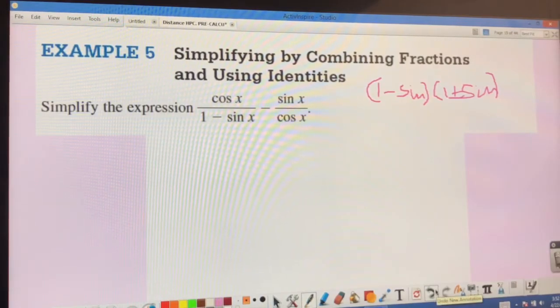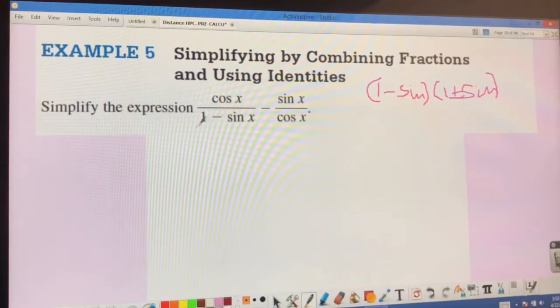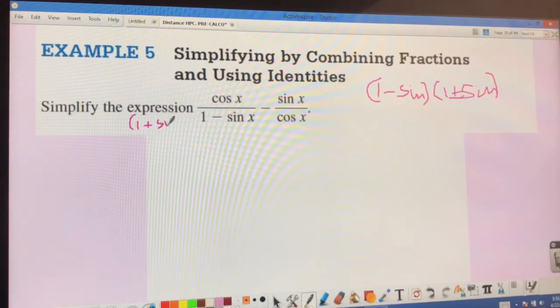So what you got now is, if you multiply this here by 1 plus sine in the bottom, on both bottom and the top, so I'm going to multiply 1 plus sine. Why am I doing that? I'm trying to get this back to Pythagorean theorem. So I got 1 plus sine down here, so I'm going to multiply 1 plus sine up here.